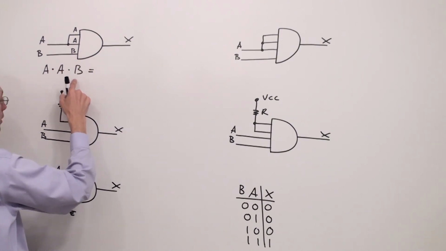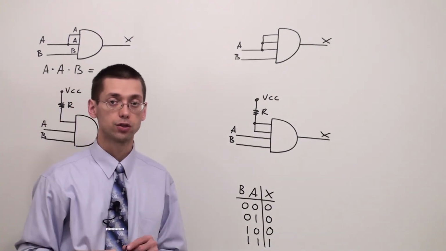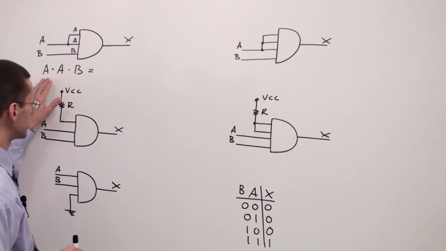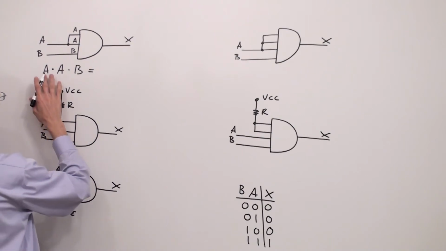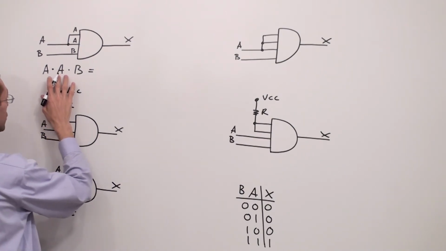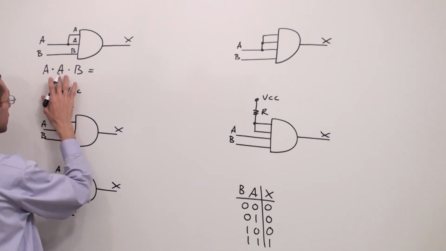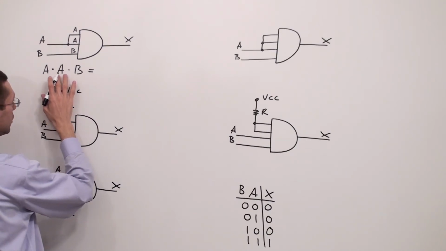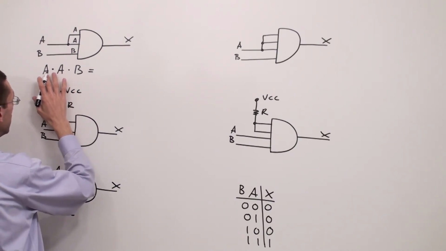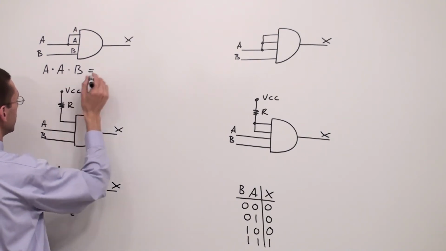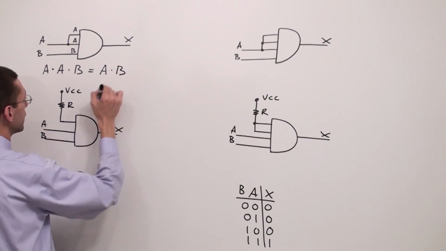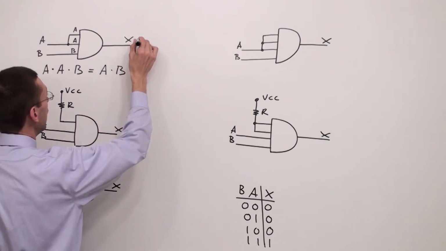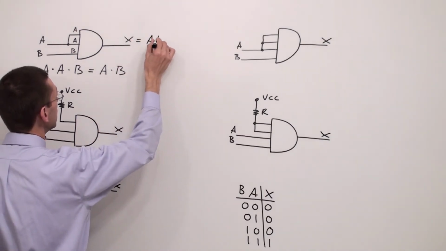A and B are variables. A can represent 0 or can represent 1. So if I have A times A, it could be 0 times 0 or 1 times 1. 0 times 0 gives me 0, 1 times 1 gives me 1, so A times A gives me A. So A times B, my output is nothing else, just AB.